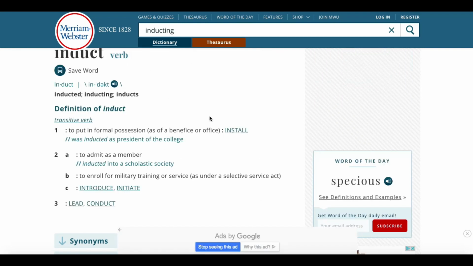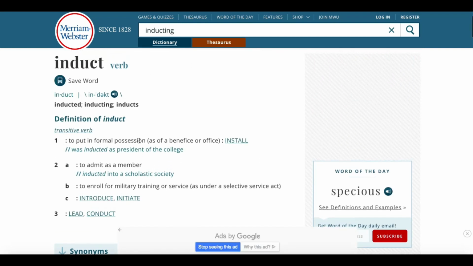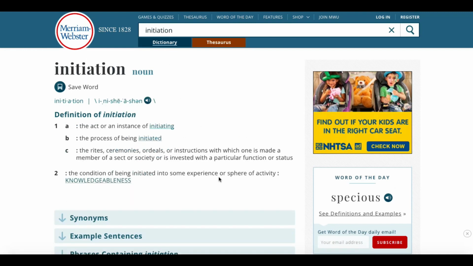Very interesting. So what does to induct mean? To put in formal possession, as to install, to admit as a member, to enroll. Very, very interesting, guys. So you see how these are abstract concepts, metaphysical, if you will, that are being represented in the physical by the magnetism. Initiation: the act or an instance of initiating, the process of being initiated. Rites, ceremonies, ordeals, or instructions, mantras, if you will, with which one is made a member of a sect or society or invested with a particular function.